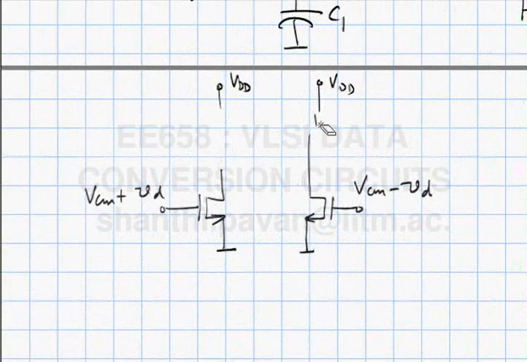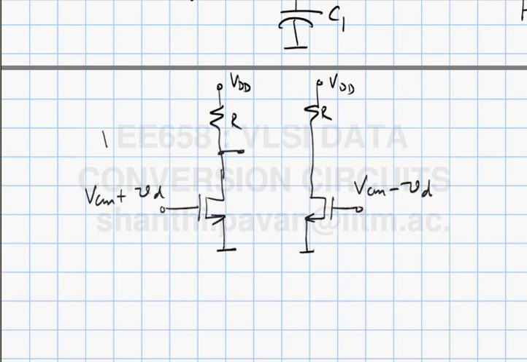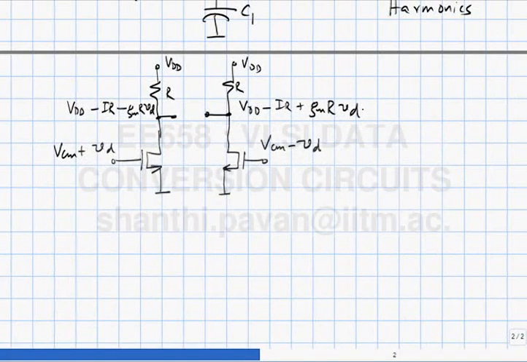For example, to make matters a little simpler, if I just call this R and call this also R, the quiescent voltage will be VDD minus IR, and then there will be an incremental voltage which is minus GM R VD. Similarly, this voltage will be VDD minus IR, plus GM R VD. And lo and behold, the ratio of the differential output to the differential input is still GM R, as was the case for the single-ended circuit.